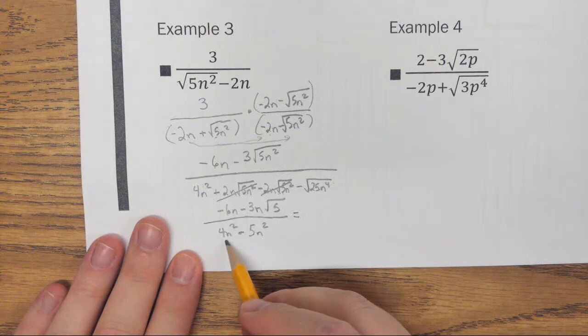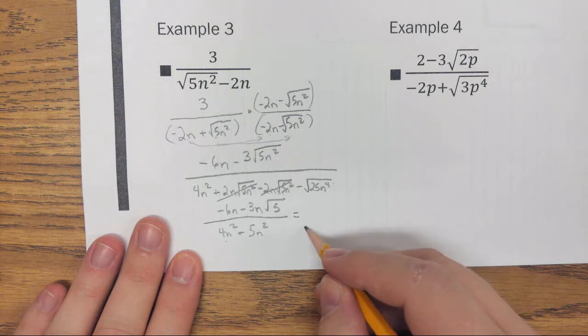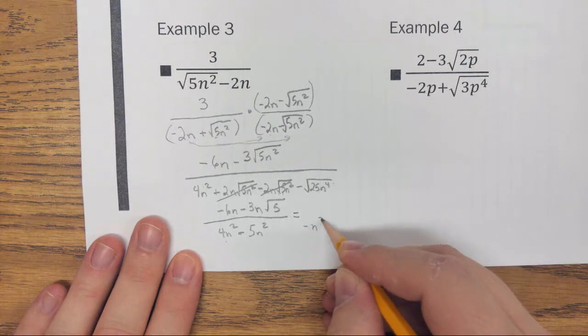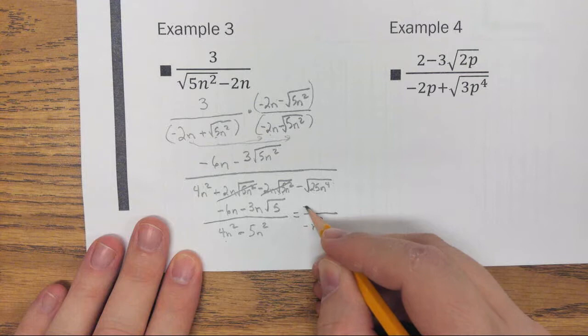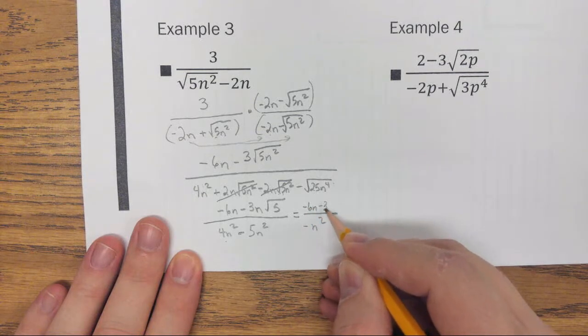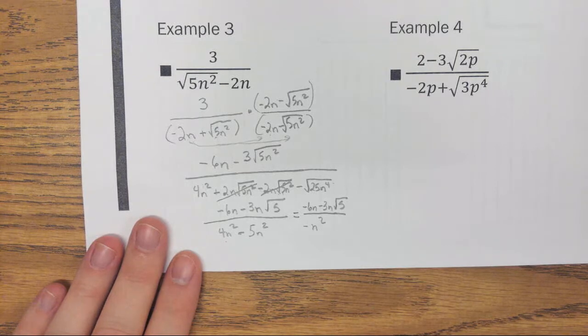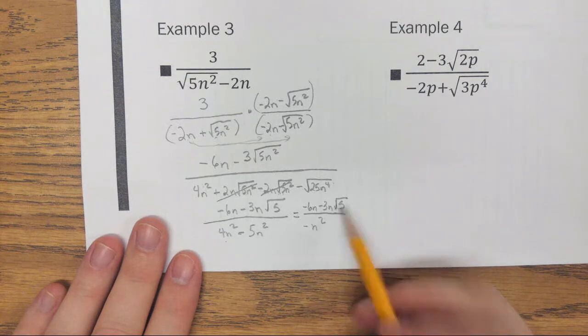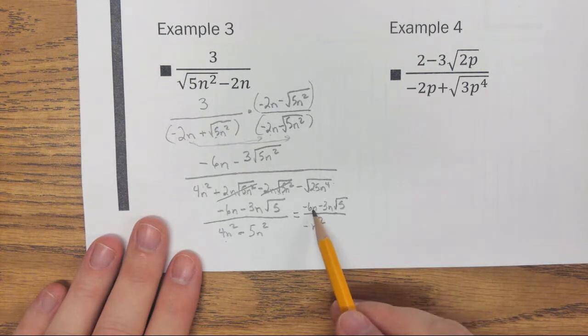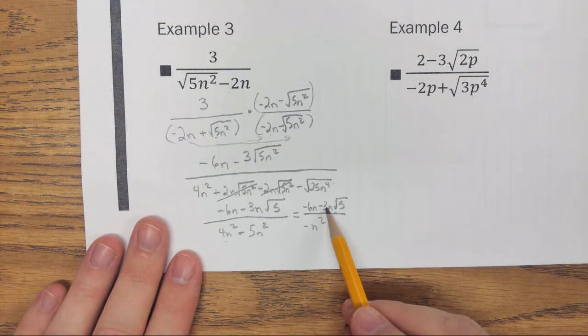Simplify that a little bit more. 4n squared minus 5n squared is minus n squared. And then on top is negative 6n minus 3n radical 5. Believe it or not, this will simplify a little bit more. This has a 6n. The 6n has a 3n inside of it.